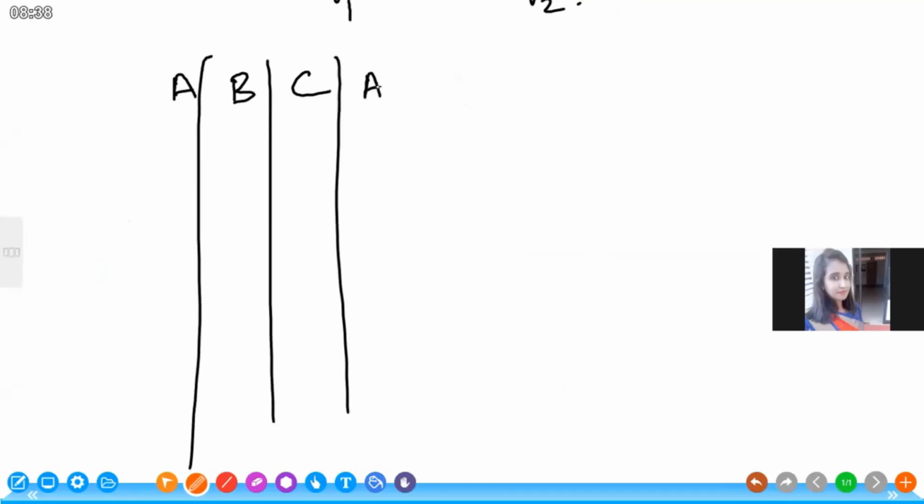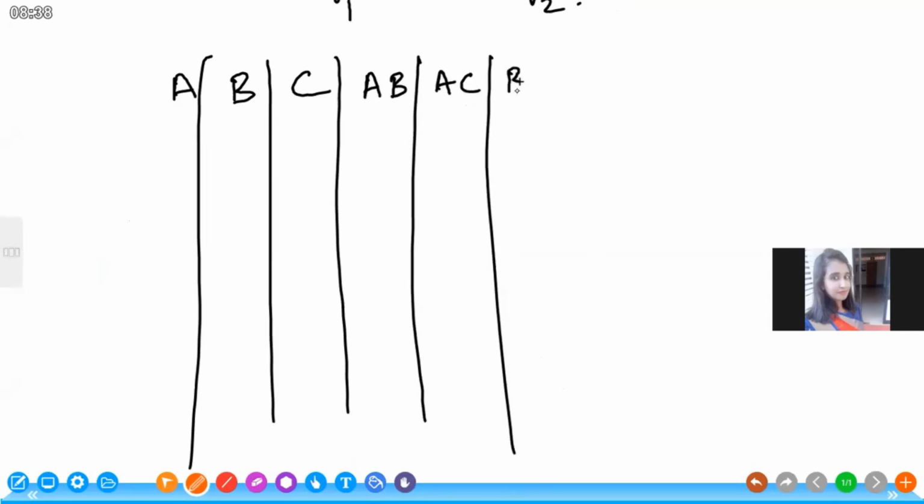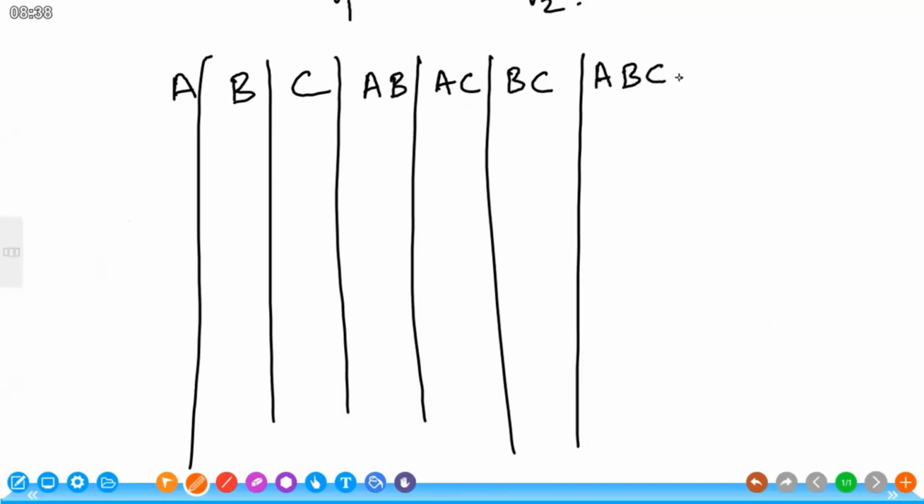So the two-way interactions are AB, AC, and BC. Then ABC. You see? A, B, C, AB, AC, BC.